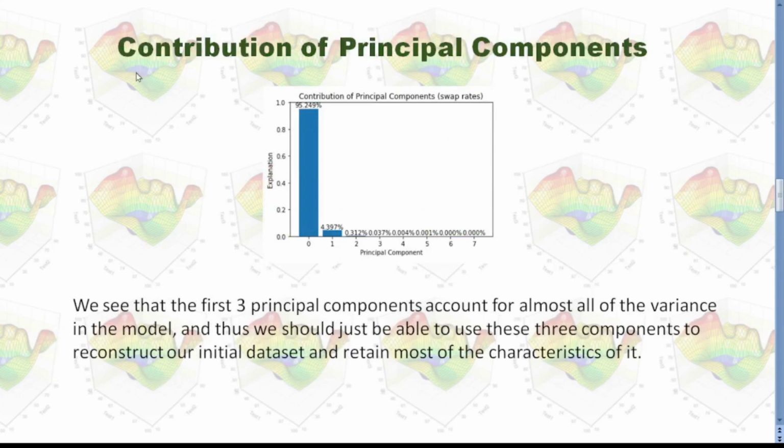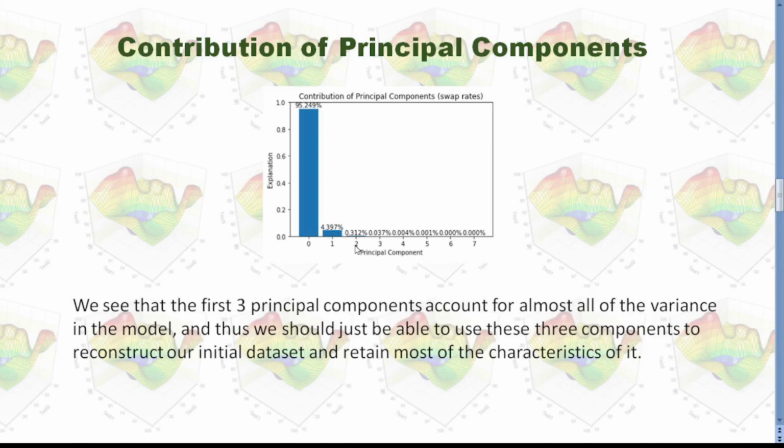And then when we check the contribution of principal components, you can see the first principal component explains 95.249% of the entire changes. And the second principal component explains about 4.397% of the changes.